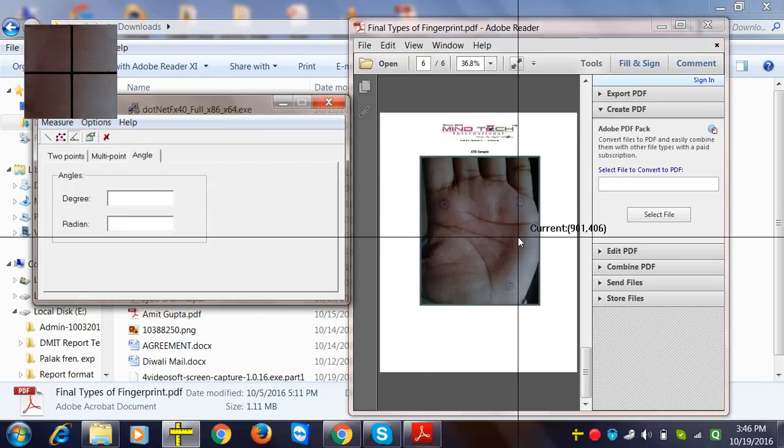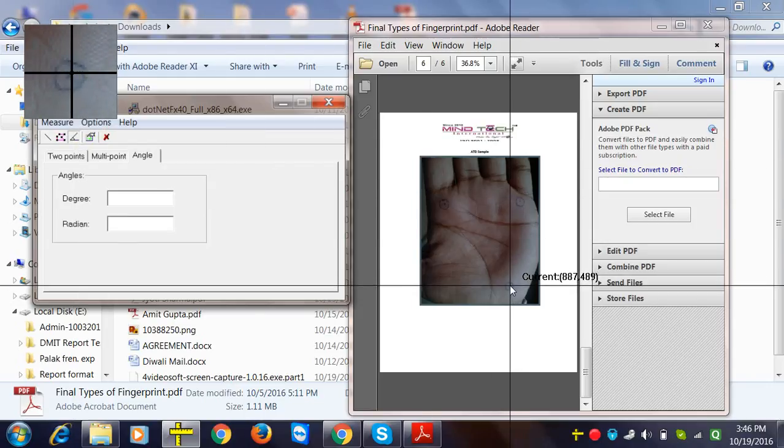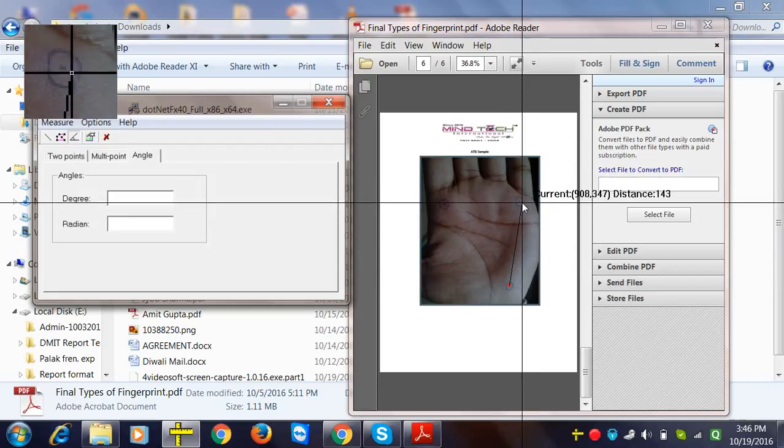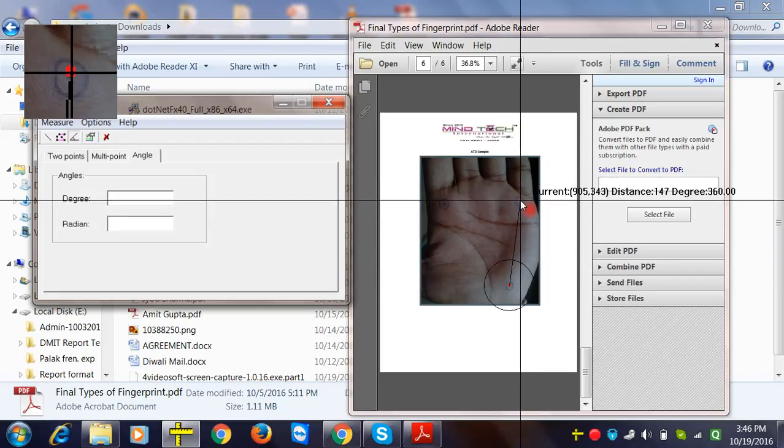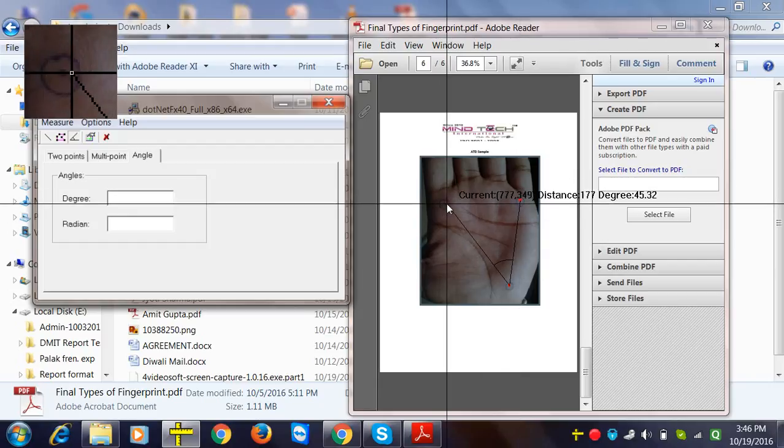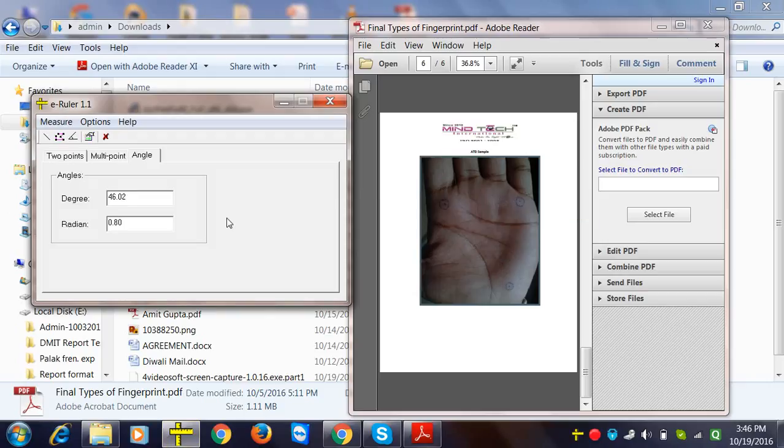Make sure you put the first click here, the second click should be here, and the third should be here. Please make sure you follow exactly this pattern, don't make any changes. This will be your ATD.